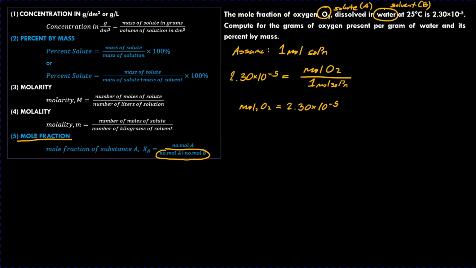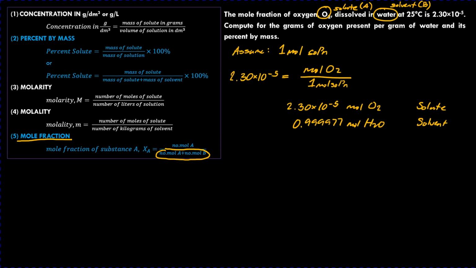And then we just subtract this from 1 to get the mole of our solvent, which is water, 0.999977 mole. Okay, so this is our solute oxygen, this is our solvent.